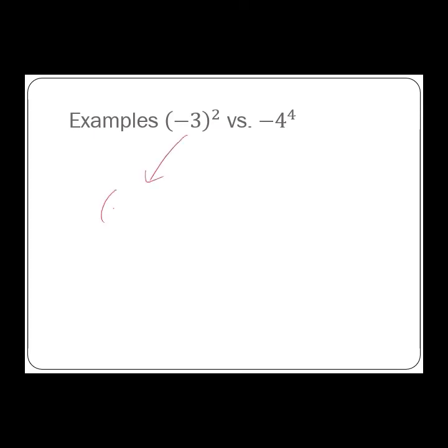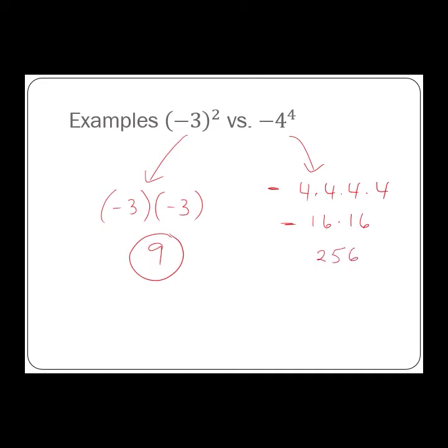This says -3 times -3, which is positive 9. And this says 4 times 4 times 4 times 4 with a negative in front. 4 times 4 is 16. And 16 times 16 is 256.